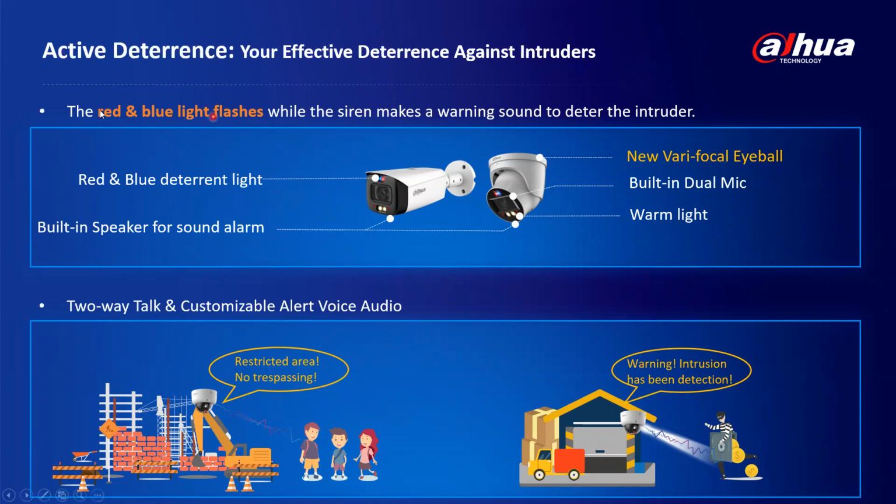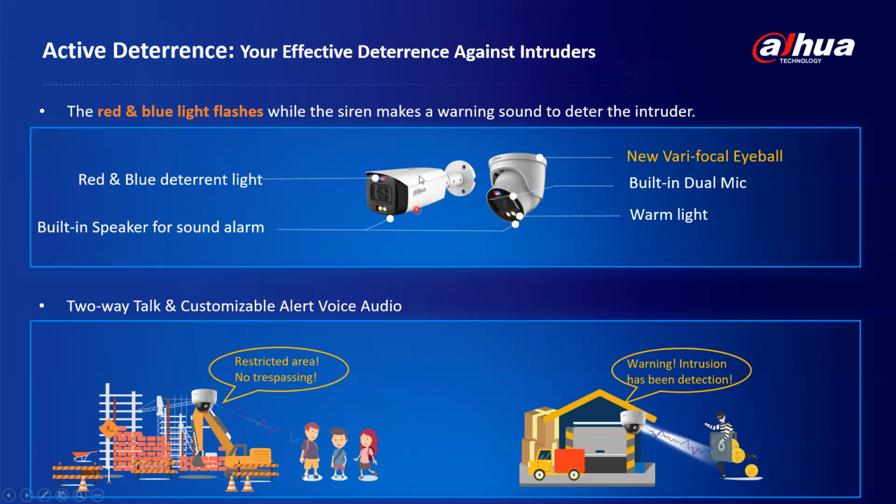The product gives red and blue light flashing, while the siren makes a warning sound to deter the intruder. Those two always go hand in hand, the alarm plus the red and blue flashing light. You can see them here at the face of the camera, red and blue deterrent light. Then we have a built-in speaker for sound alarm, beneath the product itself.